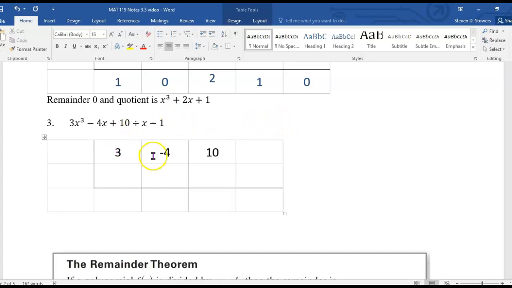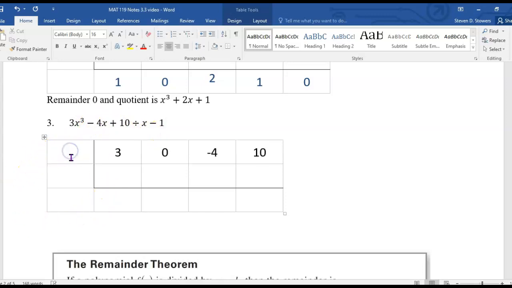If we just put 3, -4, 10, the synthetic division is going to think we mean 3x squared minus 4x plus 10. We really mean 3x to the third power plus 0x squared plus -4x plus 10. So we do have to have a 0 there for the missing x squared term.